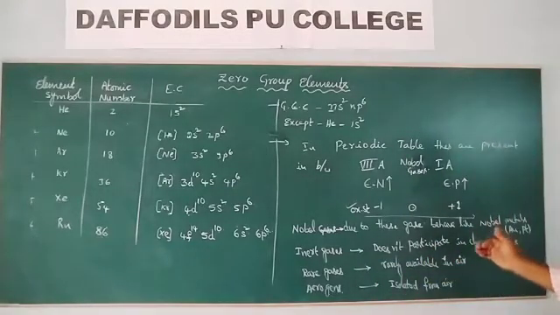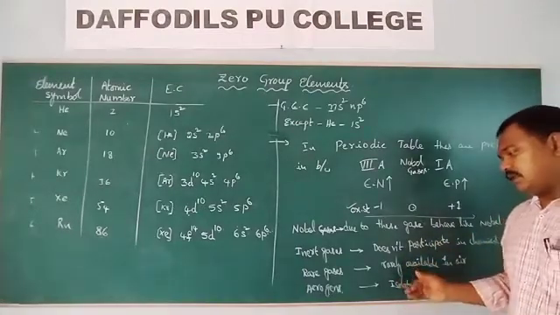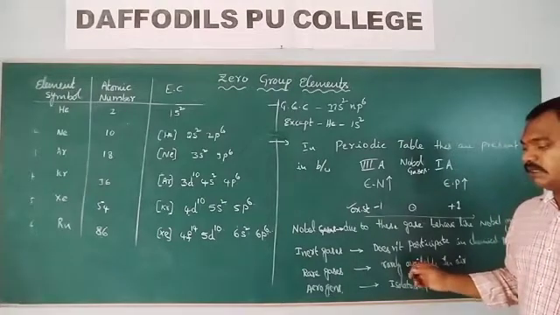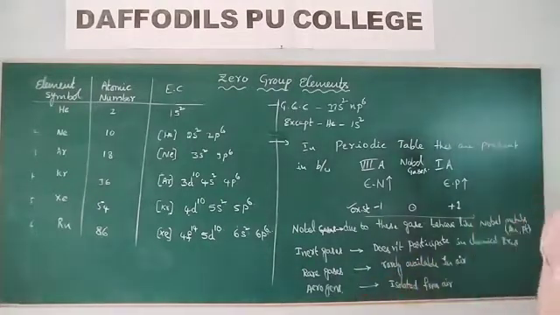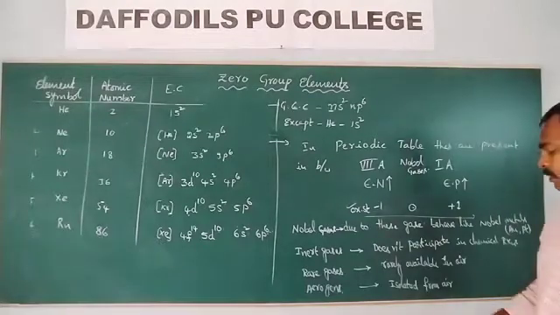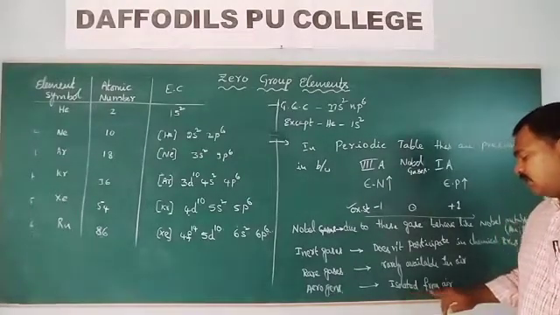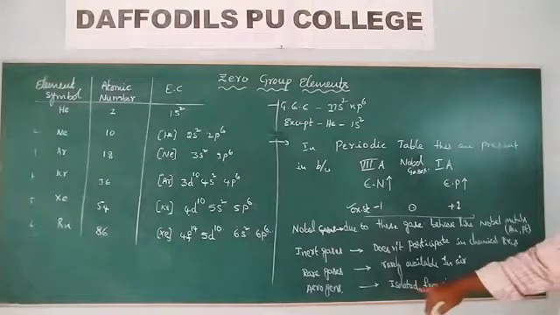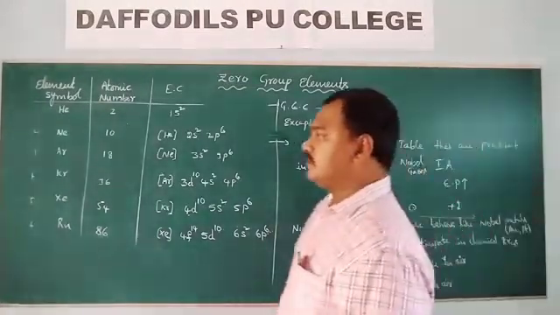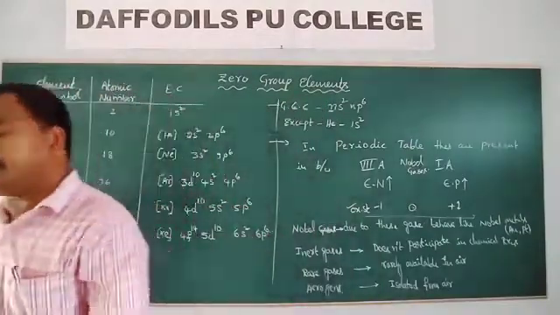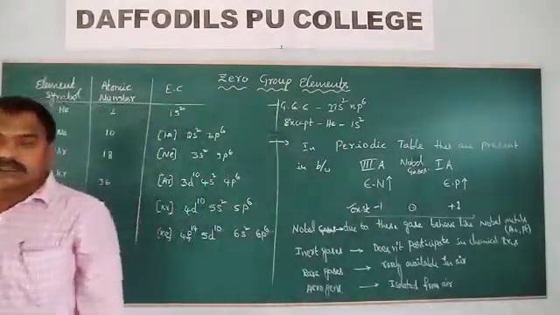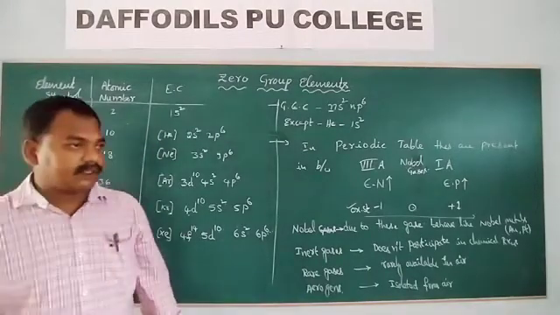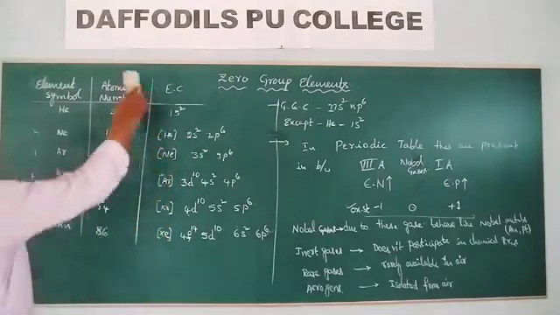We will discuss how much percentage of these gases is present in the Earth's atmosphere. Hence called rare gases. All these gases are extracted from atmospheric air, hence known as aerogens. So zero group elements, inert gases, noble gases, and aerogens are the different names of these elements.